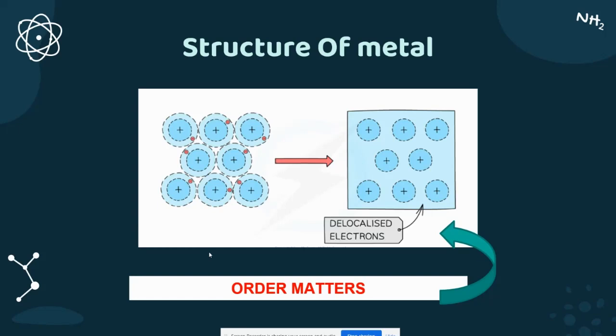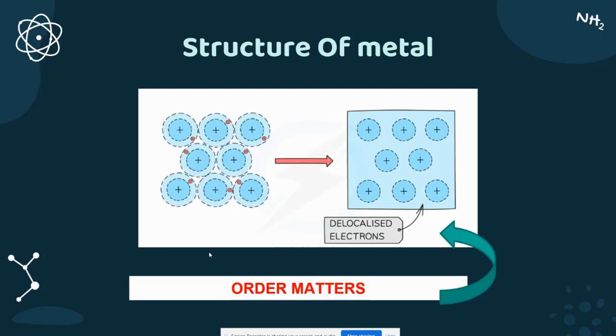There are three main things which we have to focus on. Number one, the positive ions and delocalized electrons have to be labeled. Next is the order, which basically matters a lot. You could see that the positive ions are in levels. They're not disorderly arranged.